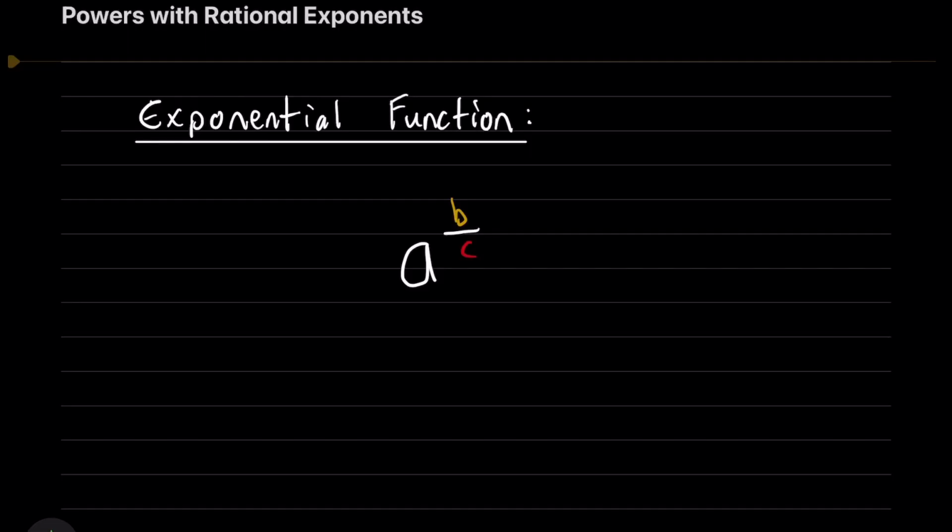So when we look at an exponential function here with a rational exponent, the rational part refers to the exponent in this format, b over c. When we say a rational exponent, that's just another way of saying a fraction. So instead of saying rational exponent every time, we're going to say a fraction.